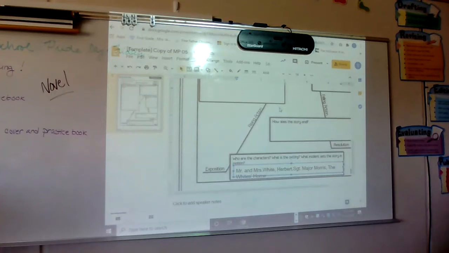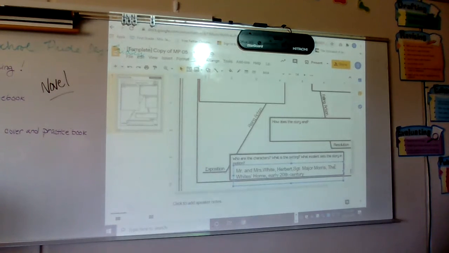Early 20th century, we can kind of guess that from the machines. Isn't early 20th century like 1920? Yeah, it's the 1900s. So it's the early 1900s.